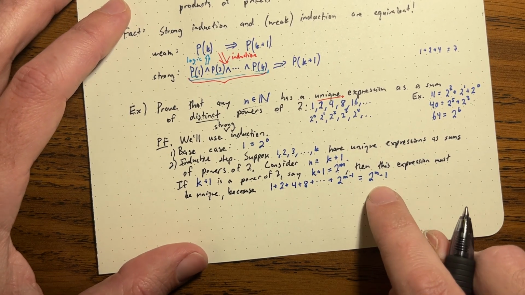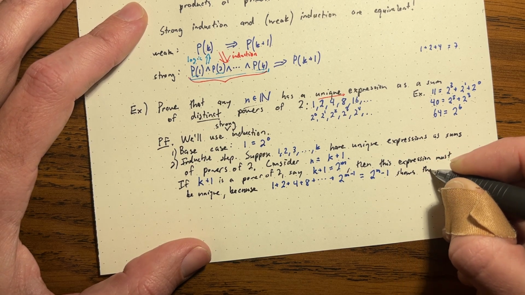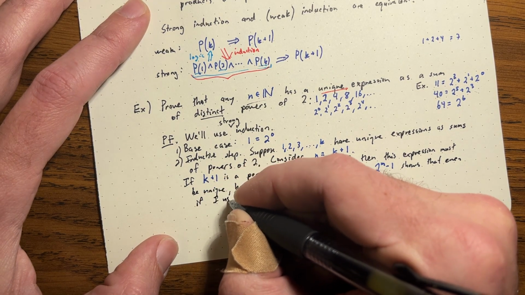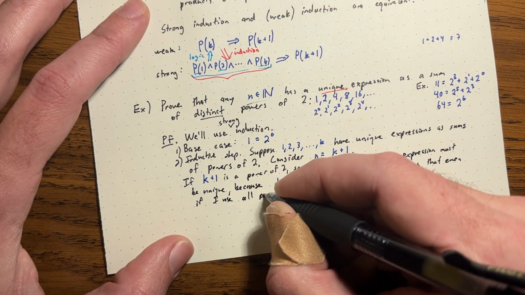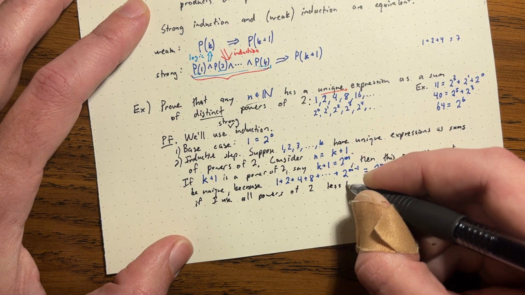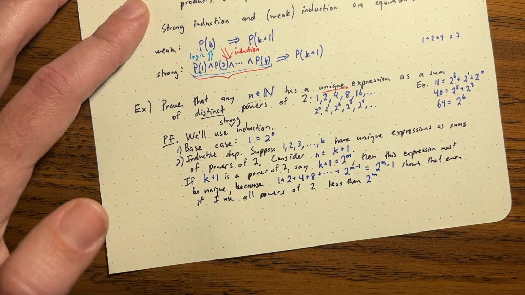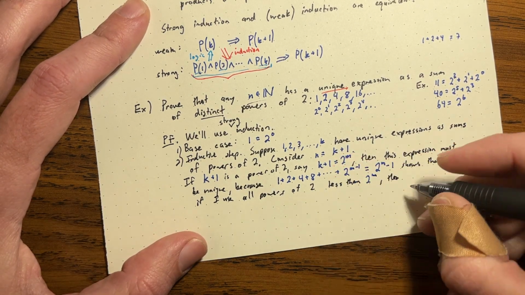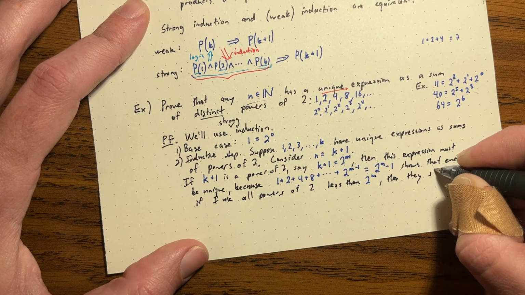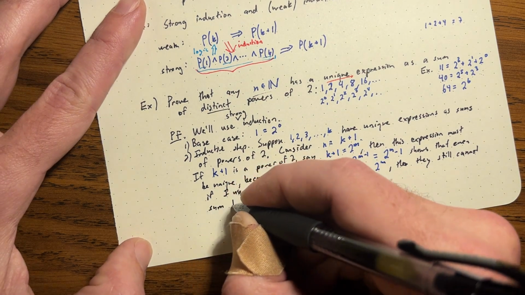But yeah, because of this, that formula shows that even if I use all powers of 2 less than 2 to the m, they still cannot sum to k plus 1.